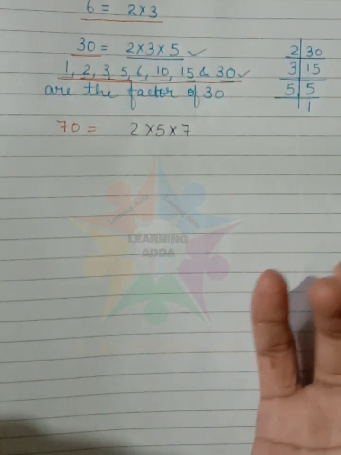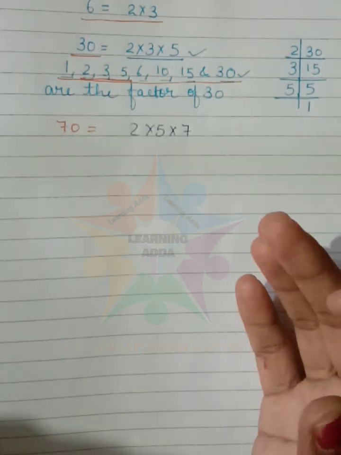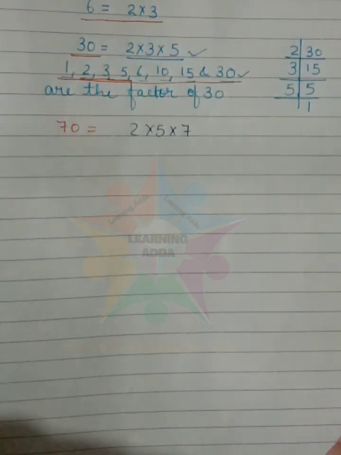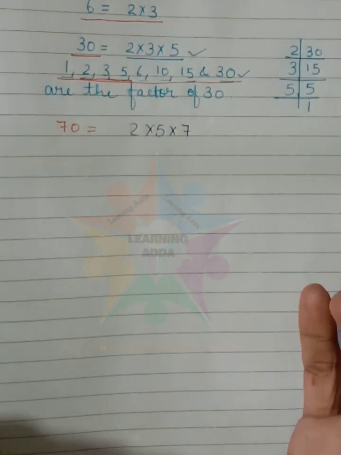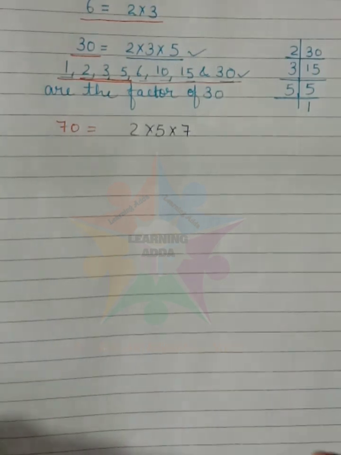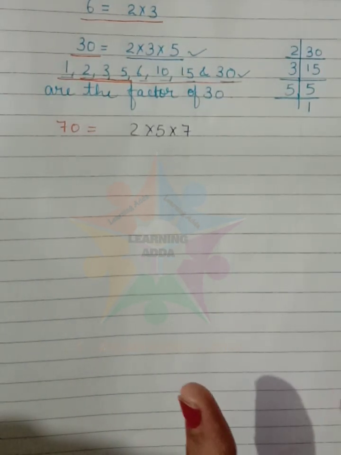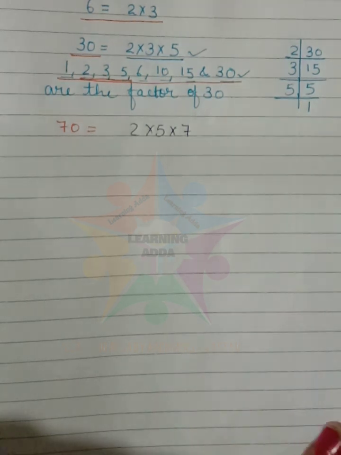Similarly, we can express an algebraic expression as a product of its factors. We have already discussed algebraic expressions in class 7th. Algebraic expressions are formed using terms and algebraic operations: plus, minus, multiplication and division.